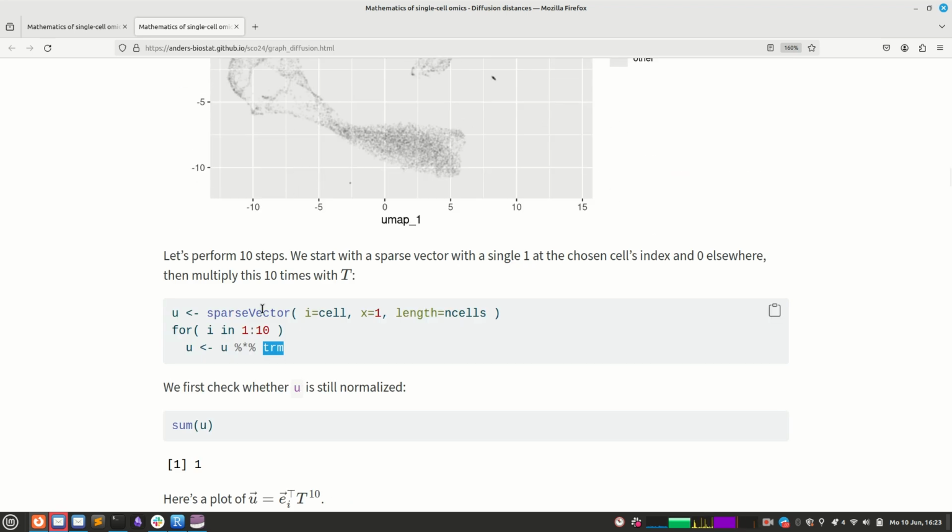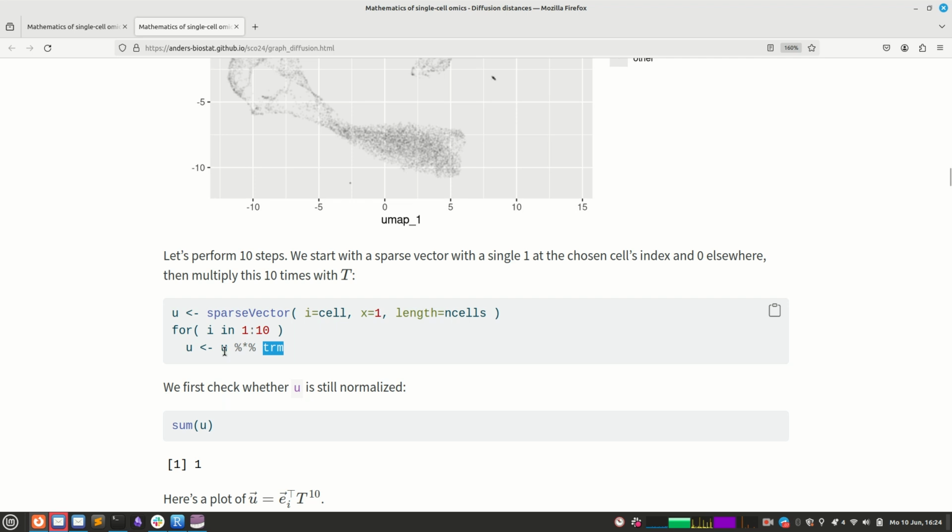Just to make things a bit more annoying from notation, take care: in the continuous process, people always put the state vector u to the right of a matrix and multiply in this way to get the new state vector. I've also written it here on my blackboard, but if you look in the literature, the Markov people always like to do everything in the transposed picture. So they say my state vector is a row vector, which I multiply from the left with a transition matrix to get the outgoing vector.